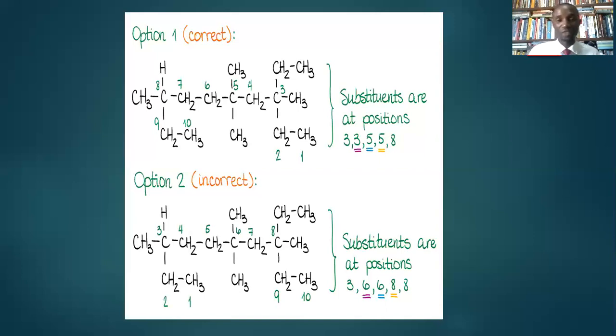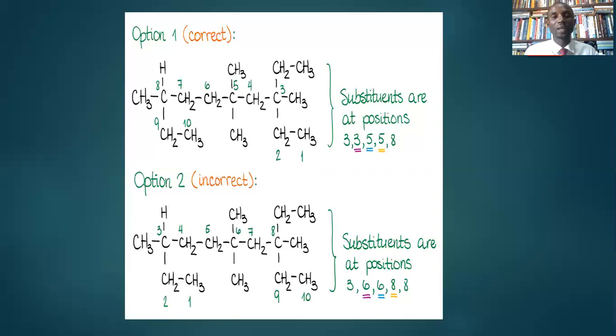How to number: number 1, identify the longest chain. Number 2, identify all the substituents on it. Number 3, number the long chain, that is the hydrocarbon, starting from the side that will give you the lowest possible numbering considering the substituents on it.